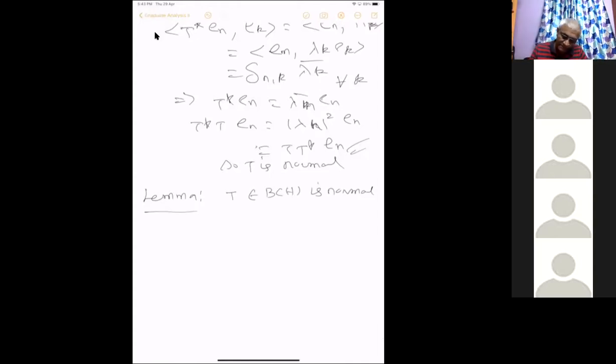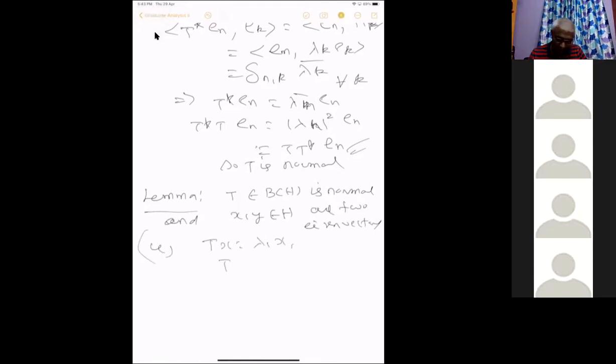Suppose T is normal, and x, y in H are two eigenvectors, that is, Tx equals lambda 1 x and Ty equals lambda 2 y.